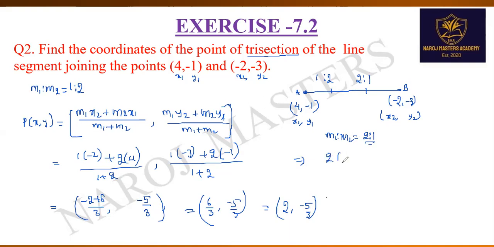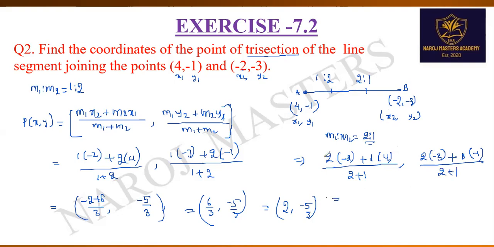So m1 into x2, x2 is minus 2 plus 1 into x1 is 4 by 2 plus 1, comma. Again m1 into y2, so m1 is 2 into y2 is minus 3 plus m2 is 1 into y1 is minus 1 by 2 plus 1.